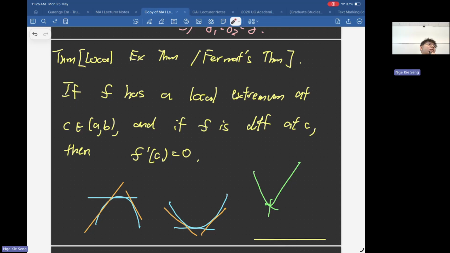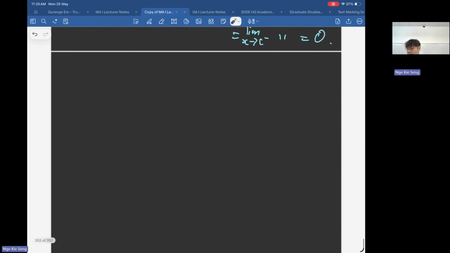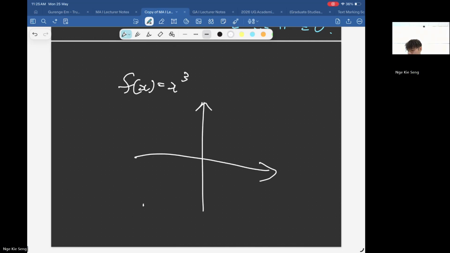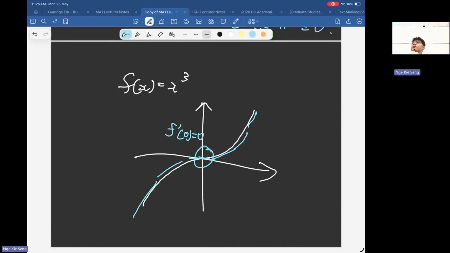There's a thing called the inflection point, right? The first place you see an inflection point is where? f(x) equals x cubed. You can analyze the changes of your tangent line: it goes like this, then goes straight, and then goes up. But if you check here, f prime of 0 equals 0, right? Is this a maximum or minimum? Neither.